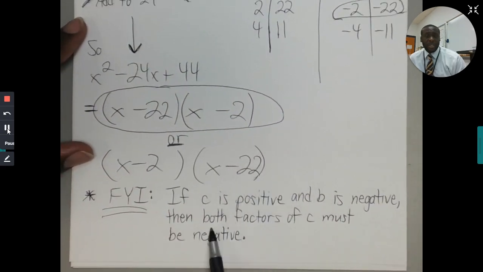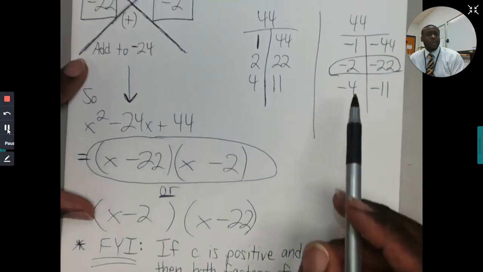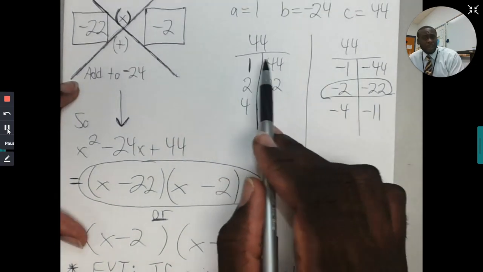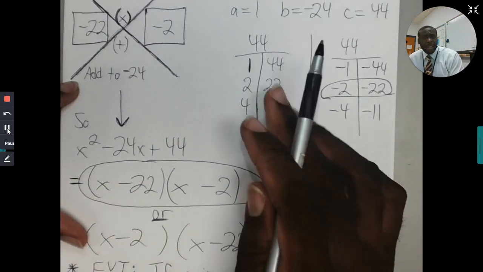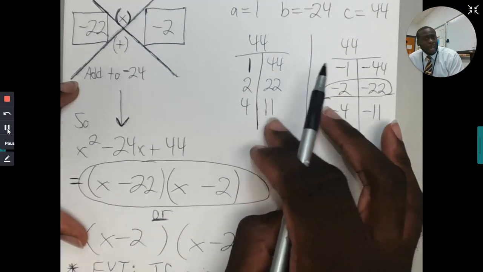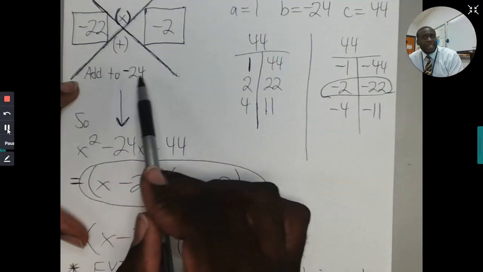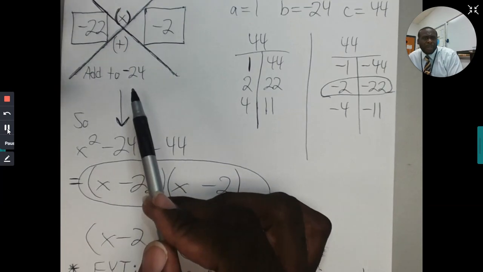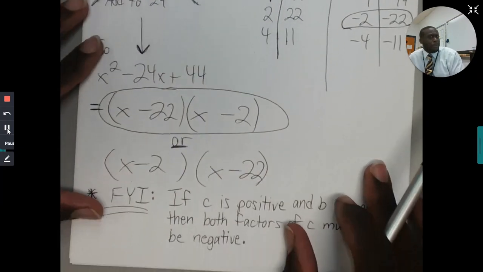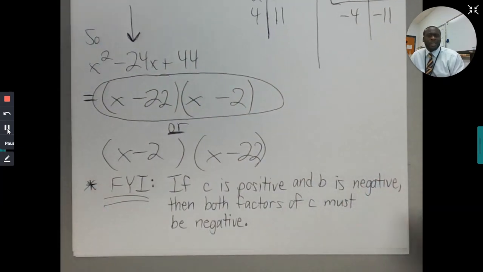Both factors of C are going to have to be negative. And we saw that when we looked at the positive factors of C. There were no positive factors of C that were going to add to give you a negative number. So that's just kind of common sense, but it's just a little note that I wanted to make.